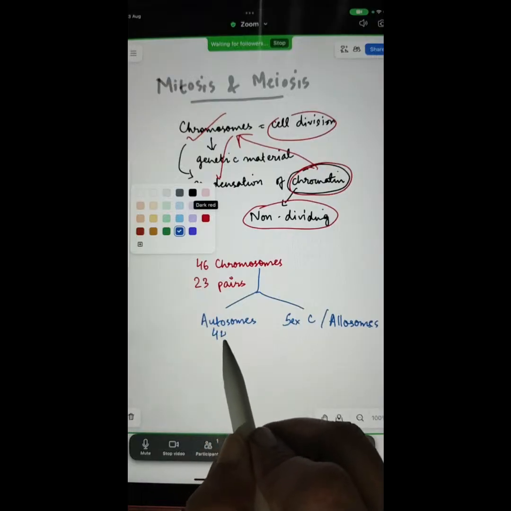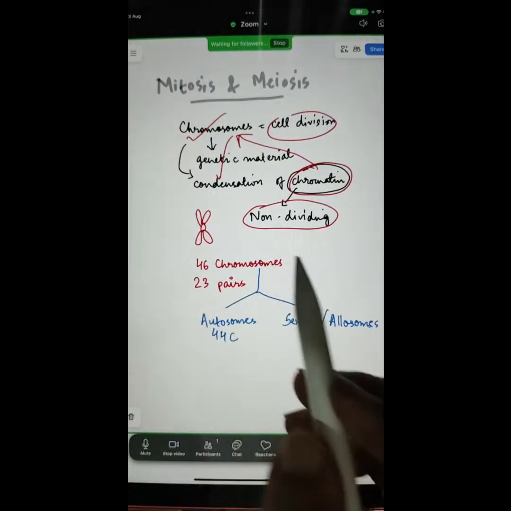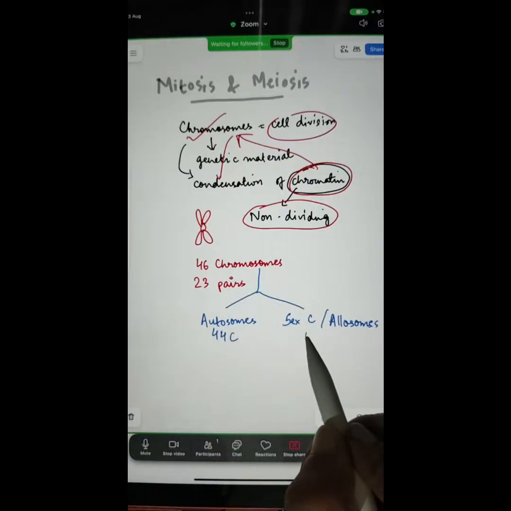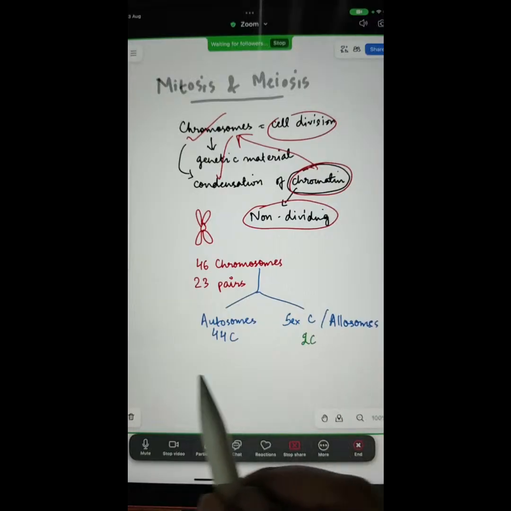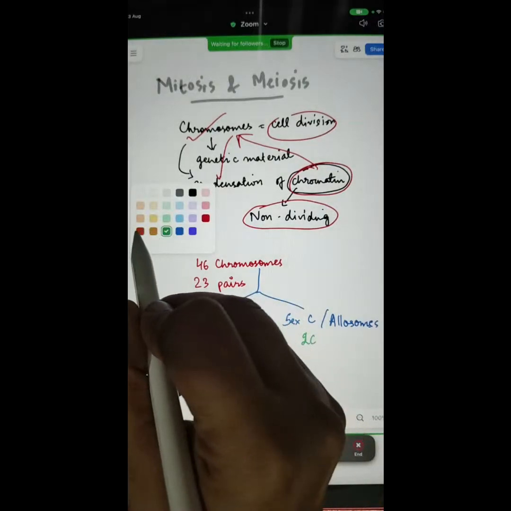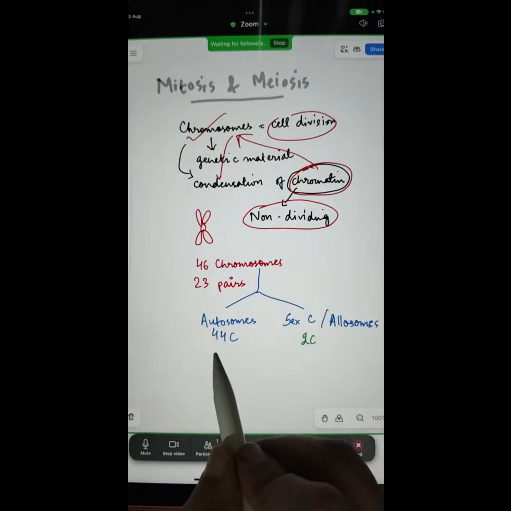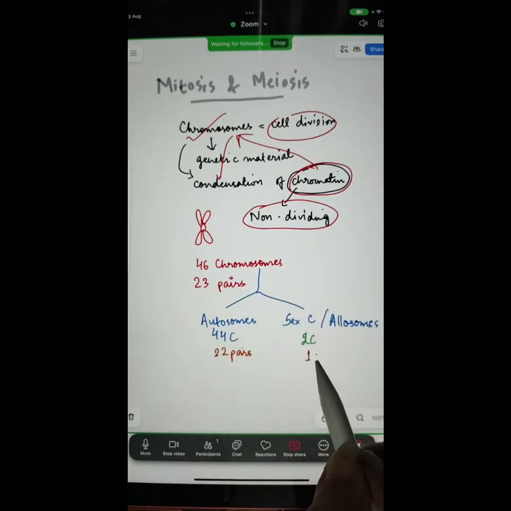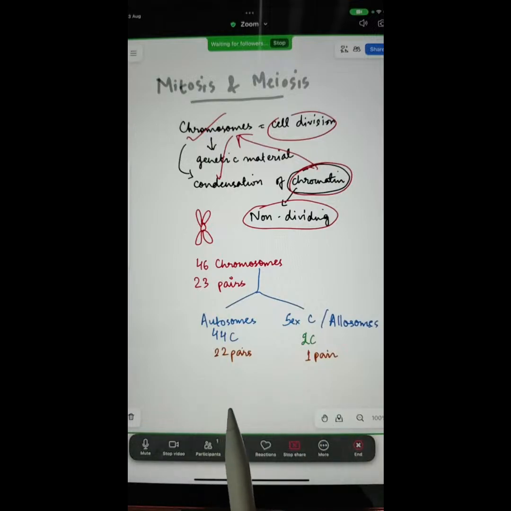We have 44 chromosomes as the autosomes, and we have two chromosomes as the sex chromosome. In case you want to write in pair, then we can also write 22 pairs as autosomes and one pair as sex chromosome.